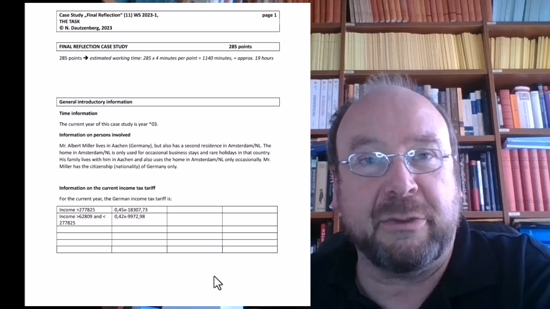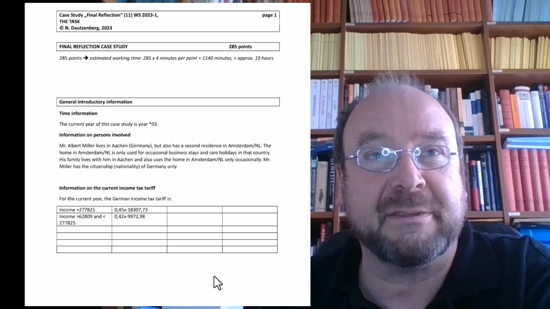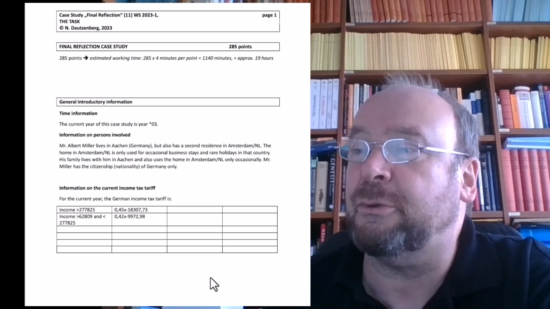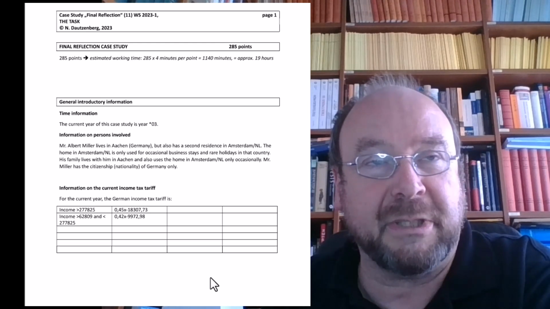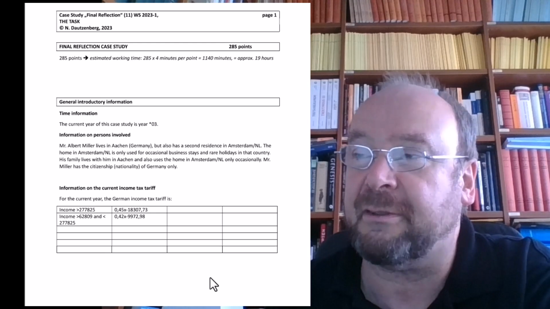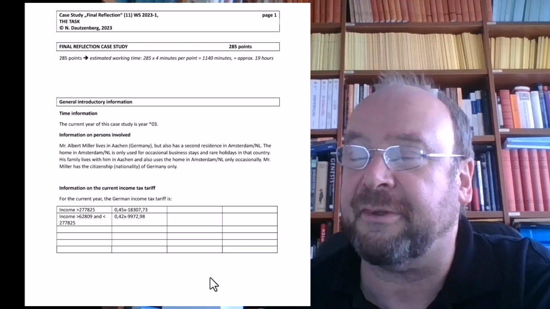In the end, when you want to calculate the total German income tax due by Albert Miller, you will need the German income tax tariff, and as not everybody has that tariff available, I give you the most important data here on the screen.